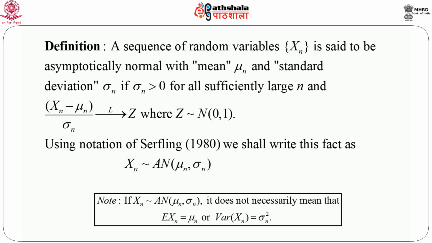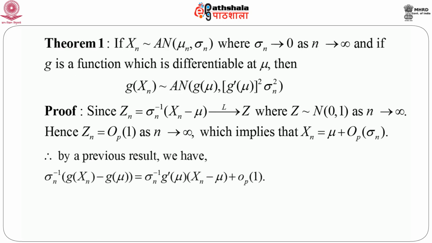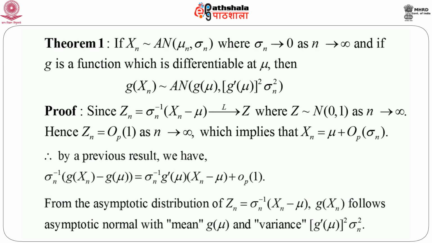Now this famous theorem is stated as: if Xn follows asymptotically normal with mu n and sigma n, where sigma n goes to 0 as n goes to infinity, and if g is a function which is differentiable at mu, then g(Xn) follows asymptotically normal with mean g(mu) and variance g prime(mu) whole square into sigma n square.